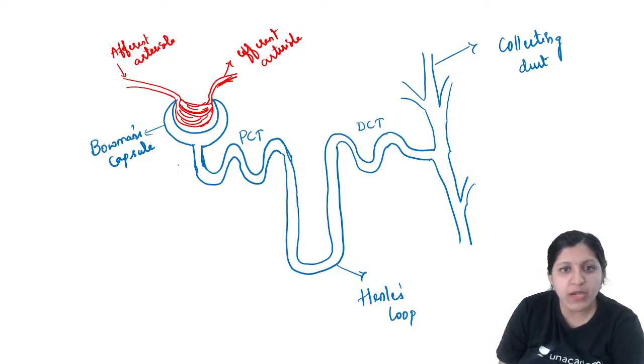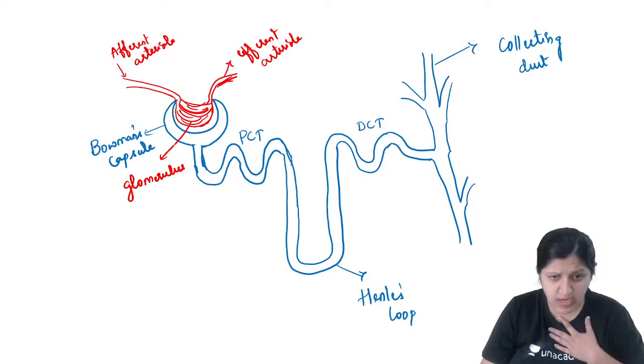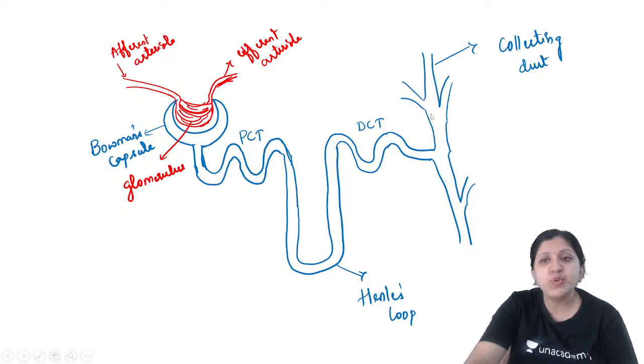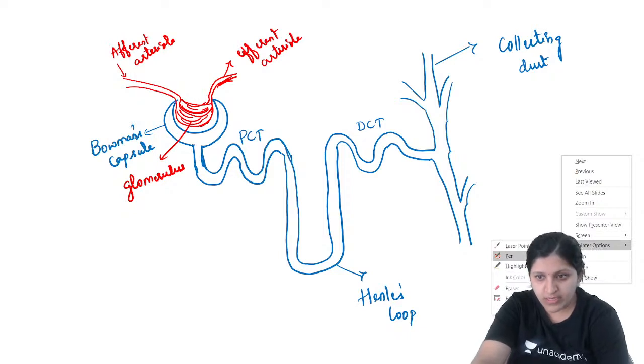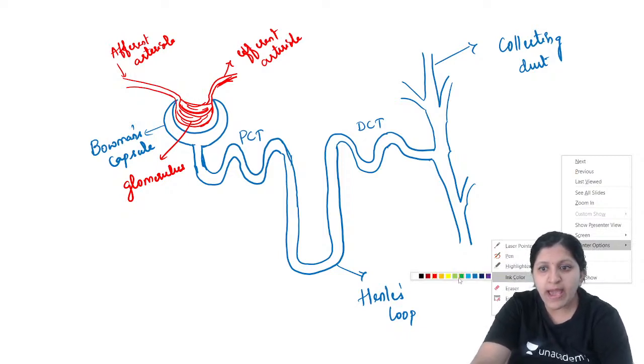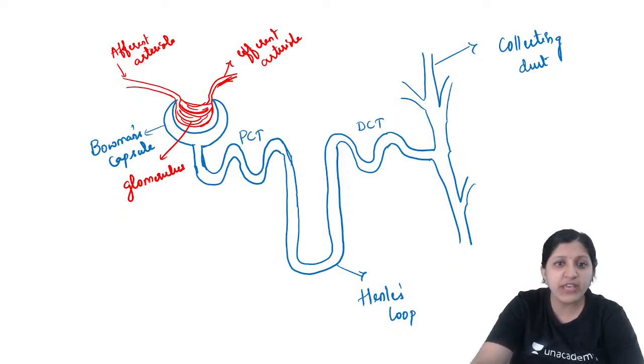So this part we call a glomerulus. Now this Bowman's capsule together with the glomerulus, we call the Malpighian capsule.